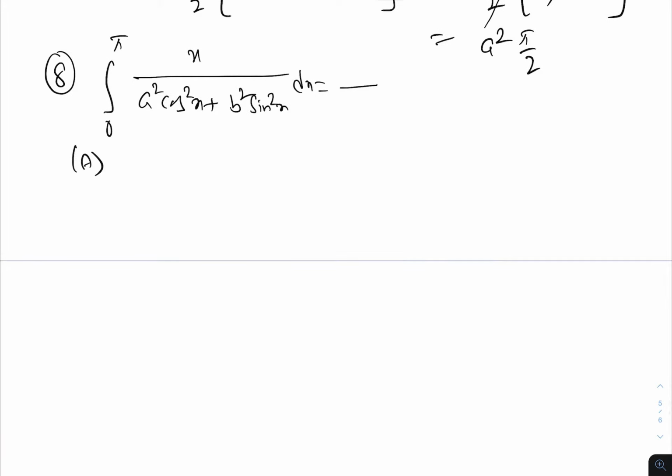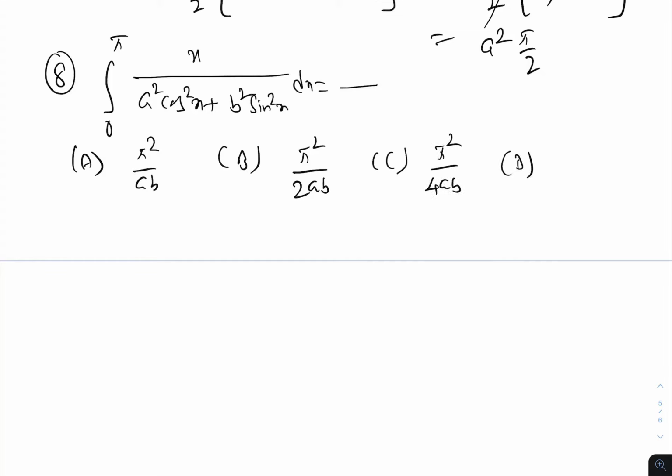Options are pi square by ab, pi square by 2ab, pi square by 4ab, pi square by 8ab. So let us solve this example.